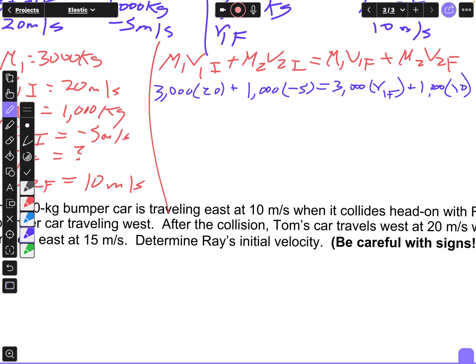Now, when I clean this up, 3,000 times 20 is going to equal 60,000. And then plus 1,000 times negative 5 is going to be negative 5,000, so I can just put minus 5,000, equals 3,000 times V1F plus 1,000 times 10, which would be 10,000.